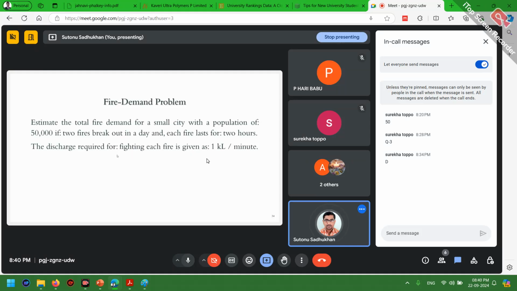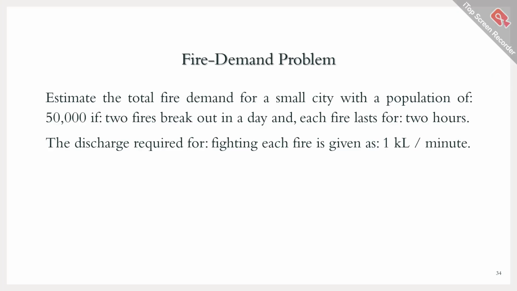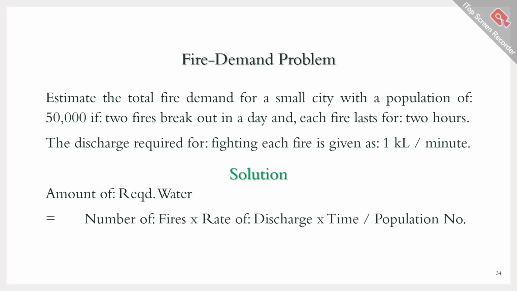Okay, we will proceed with the solution. So the solution is simple. The amount of required water is basically the fire demand, which is equal to number of fires into rate of discharge into time, divided by population if you are considering it per capita. The number of fires is given in the question as 2.